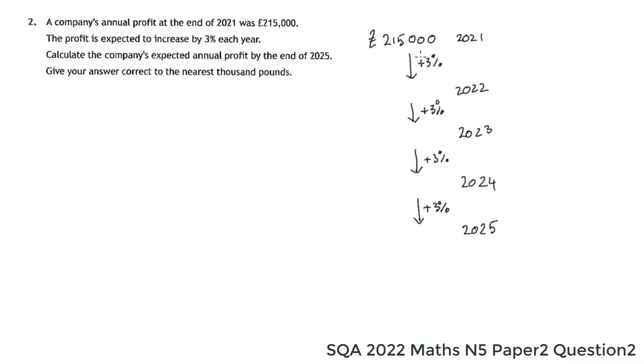That's 0.03. And the whole lot, that's 100%. Now, really, if you're adding 3% to the whole lot, that's 103%. And remember, 103%.